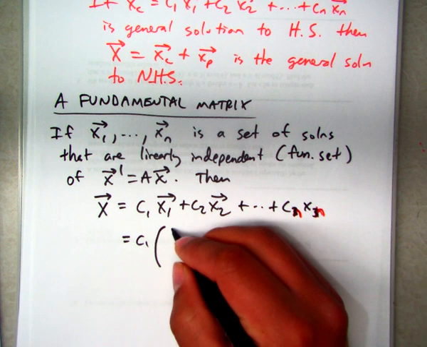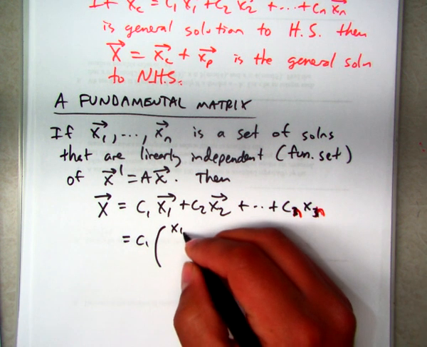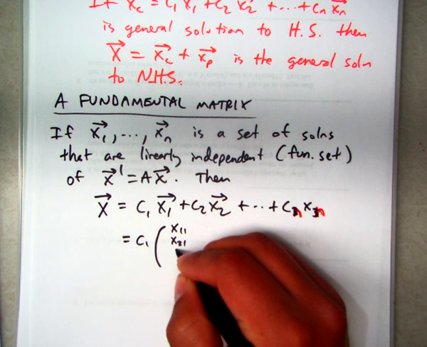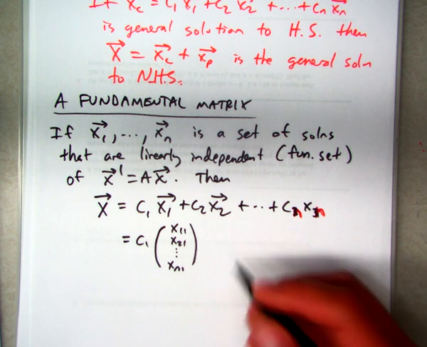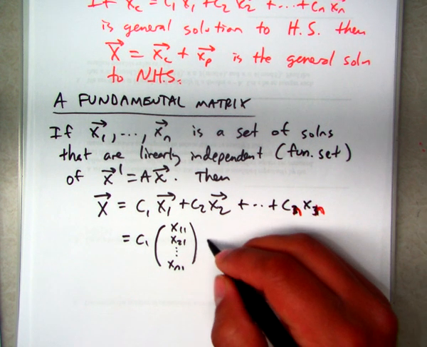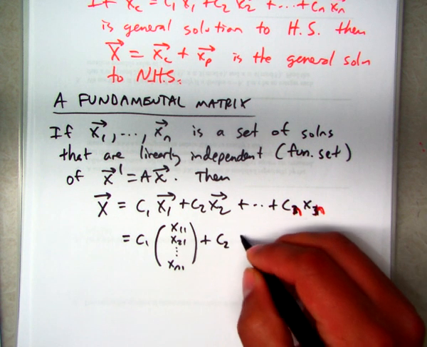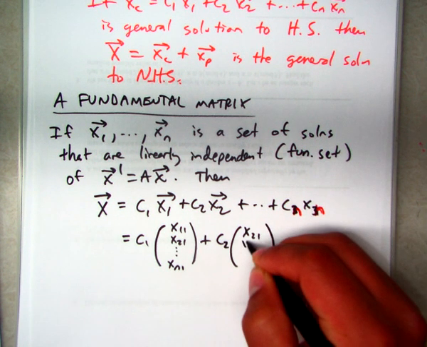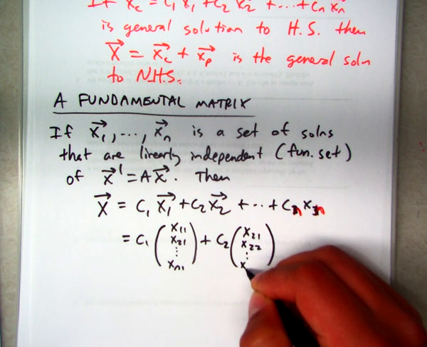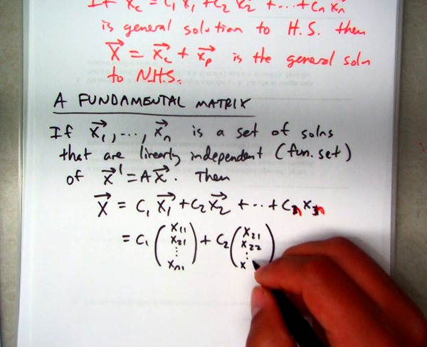Solution vector for x1 is going to be x11, x21, all the way down to x sub n1. It's going to have n rows, 1 column. And similarly, we can do that for each of them. x12, x22, xn2.